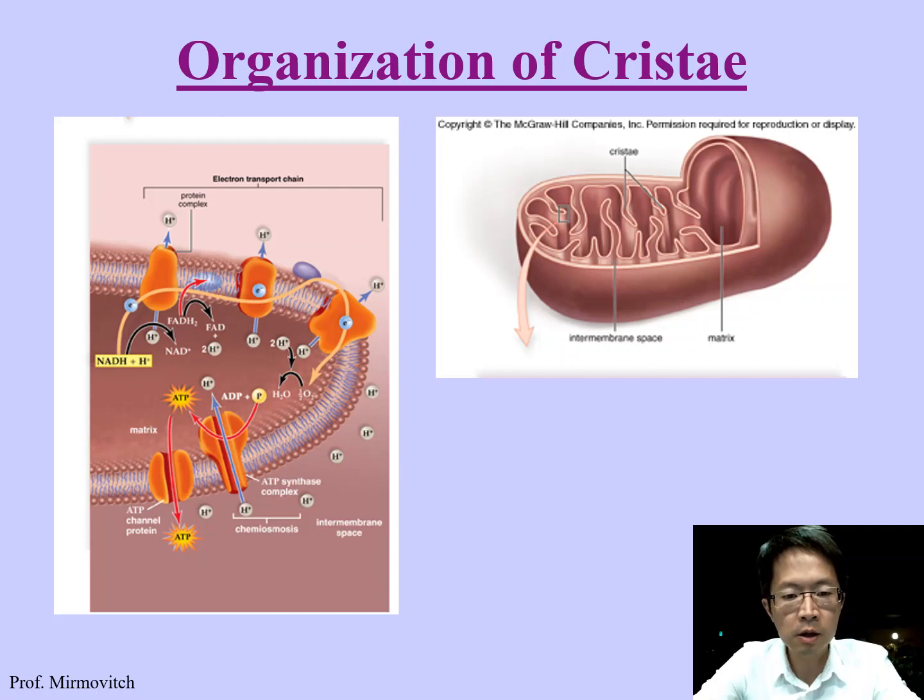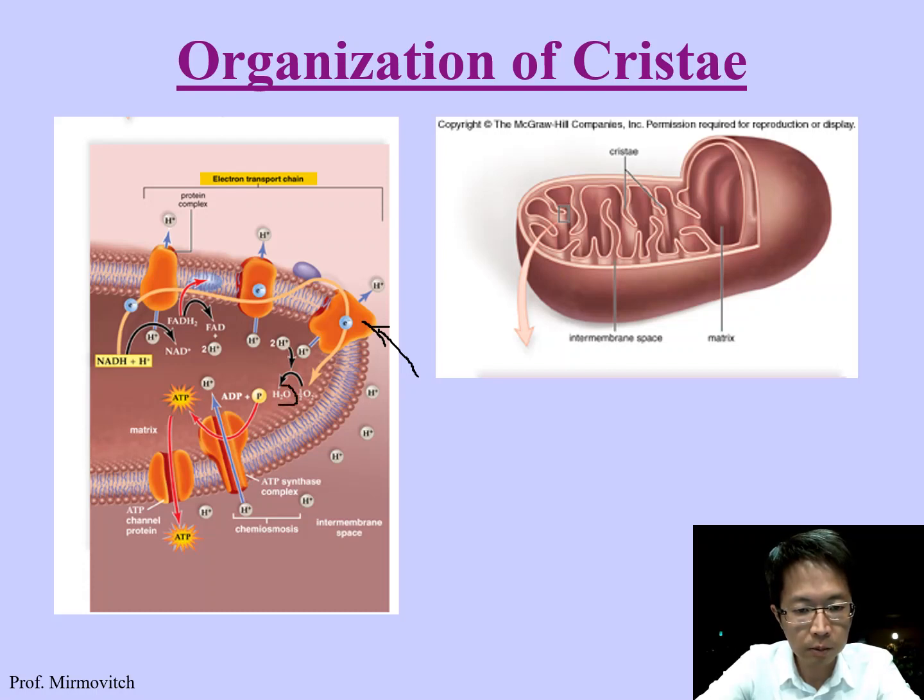So as you can see, the organization of the Cristae, the folding of the mitochondria, the inner folding. You can see the electron transport chain is here, and the last one, this is what I call a cytochrome oxidase, because it makes water. We call this water metabolic water.